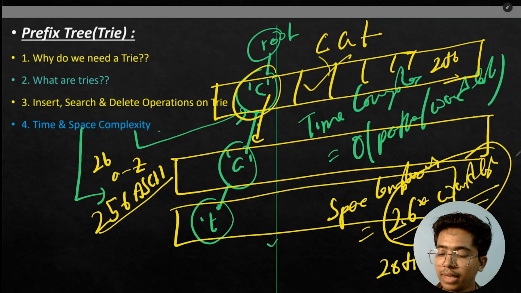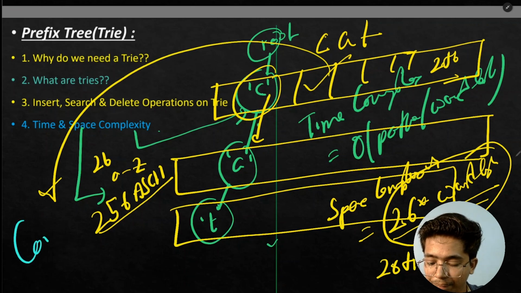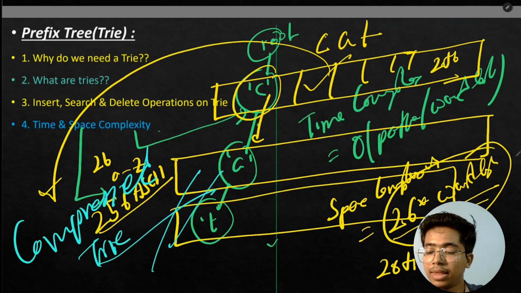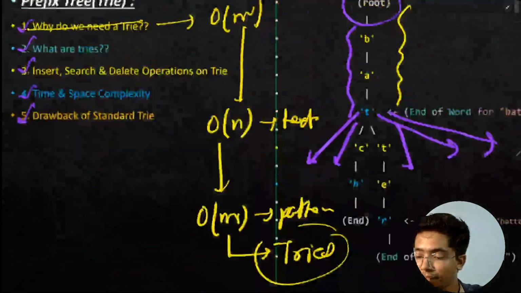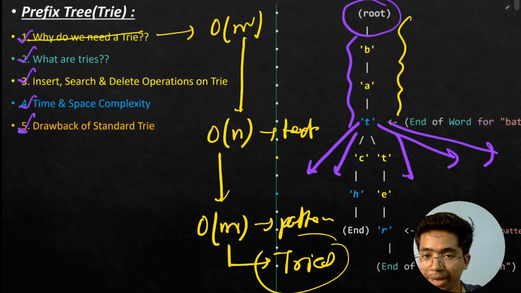And for this, the next topic came into play, that is compressed trie. So how compressed trie removes this, we will be observing in the next lecture. So we are finishing this lecture here. That was all about prefix trie.